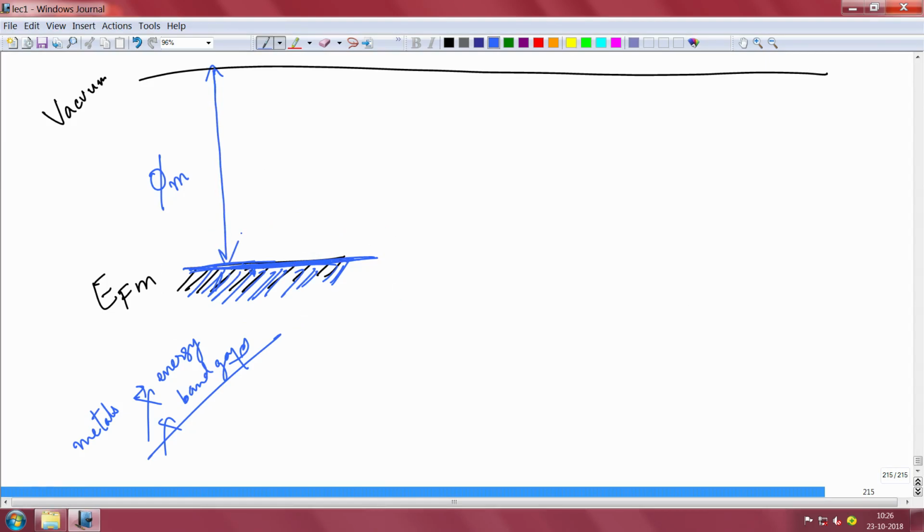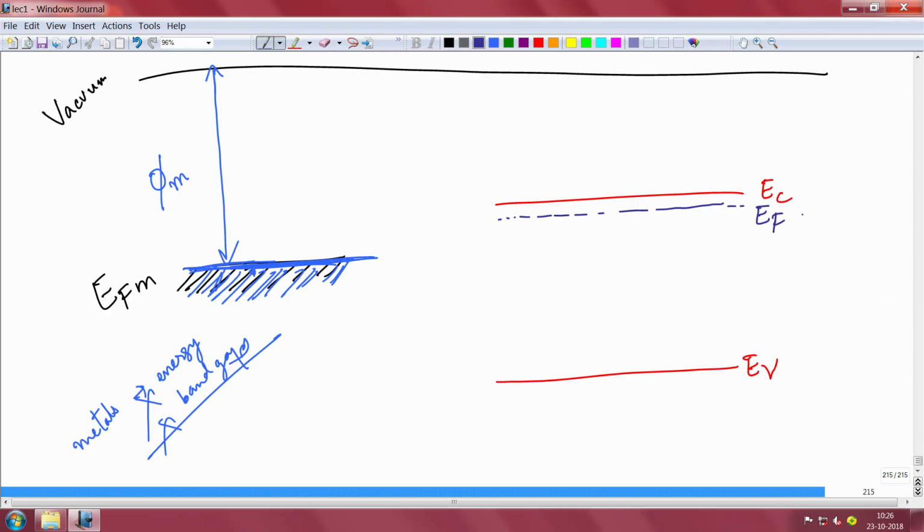Now, I take a semiconductor. Suppose I take silicon, just as an example. This is your conduction band, this is your valence band, and suppose the Fermi level is here, mildly n-type doped, not very heavily n-type doped. You see the Fermi level of the semiconductor is at a higher energy level than the Fermi level of the metal.